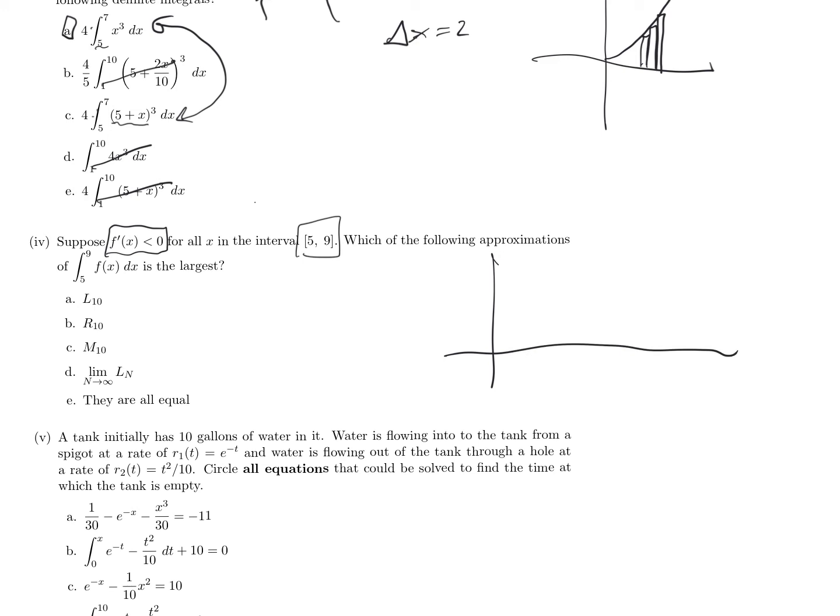It doesn't necessarily look like this, but from 5 to 9, we have a graph that's going down, and it's always decreasing. Cool. So what they ask is which of the following approximations is the largest, right?